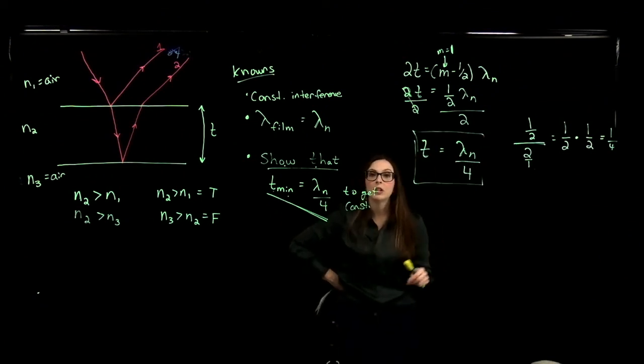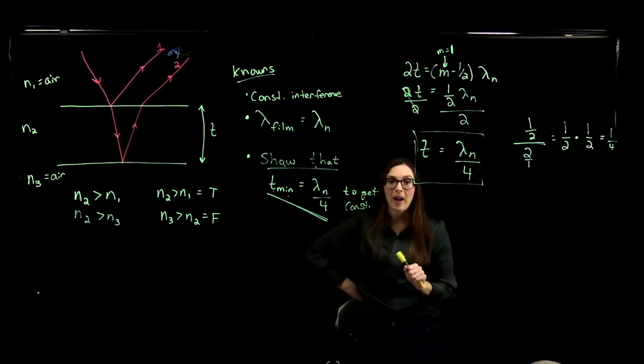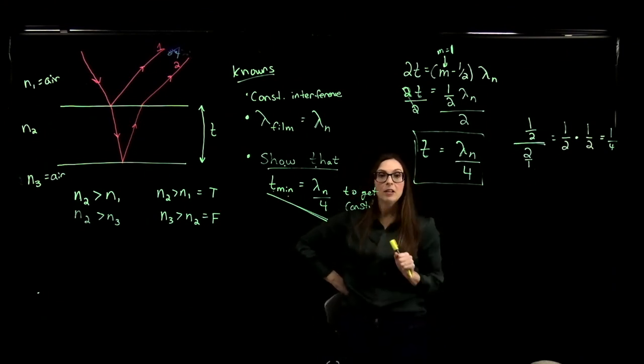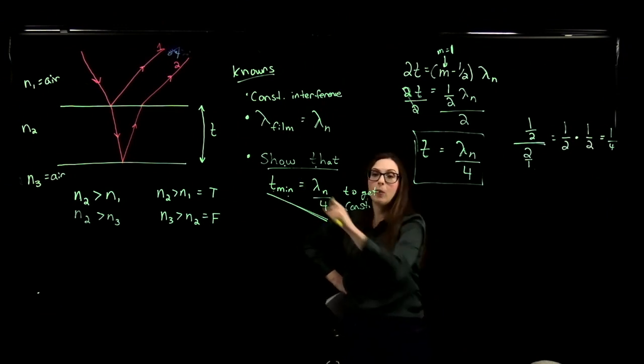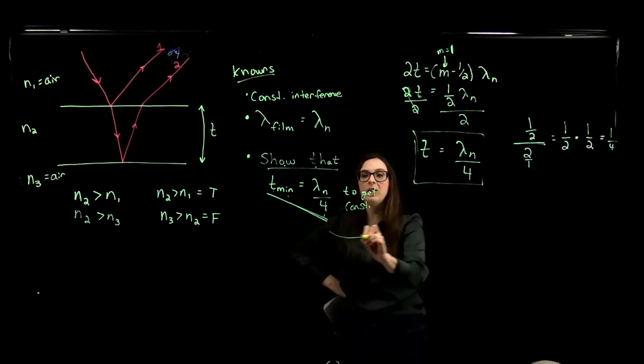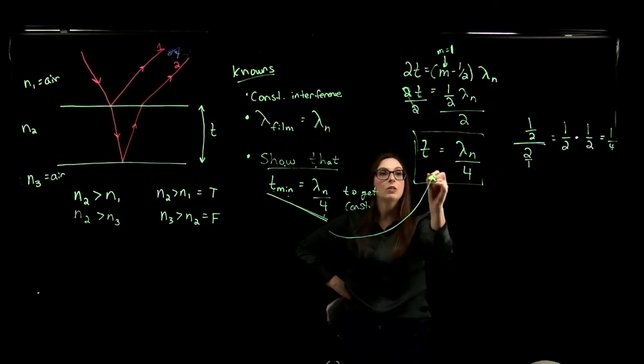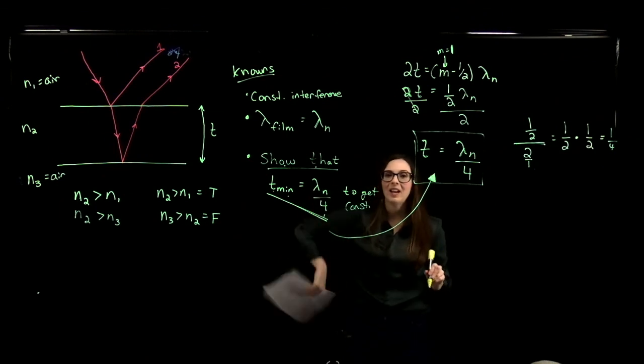So here we just showed that the minimum thickness for our film for the first constructive interference is equal to the wavelength of the light inside the film divided by 4. In these show-that type problems, we do the work in order to arrive at the answer they're looking for.